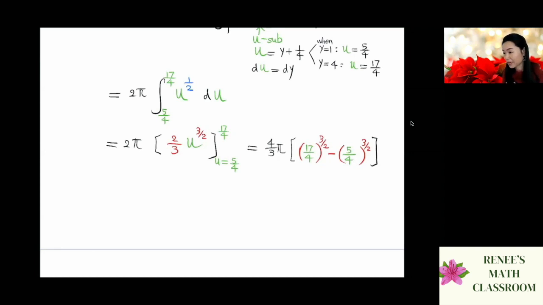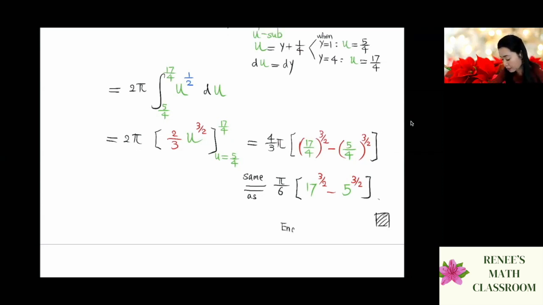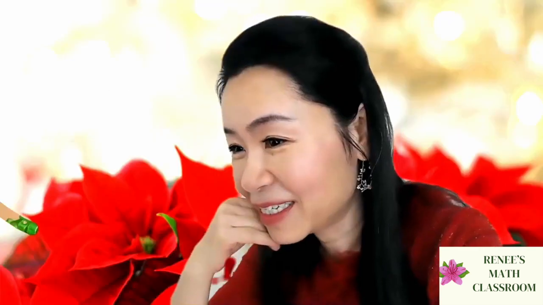And when you simplify this, it should be the same as the other one, which is pi over 6 times 17 to the 3/2 power minus 5 to the 3/2 power. It's the same answer. So you see in this problem, I show you how you can actually do it in 2 different ways, depending on how the arc is oriented. Now that's the end of our lesson, section 8.2.